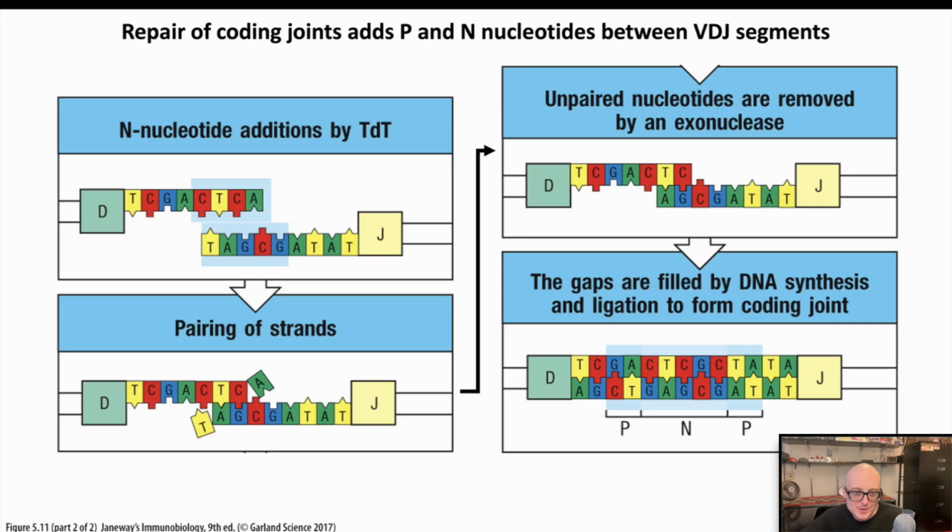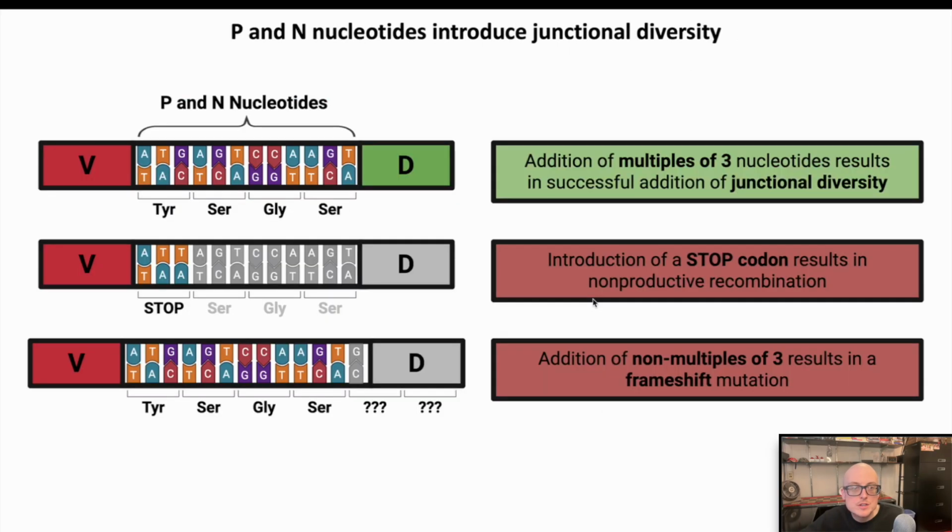Another point to make, though, is that, as you can see, there are a lot of random things happening here. And anytime we rely on random processes, there's usually a lot of waste and a lot of error that can occur. So one thing that I want to draw your attention to is that the recombination of V, D, and J segments is only a good outcome about 1/3 of the time.